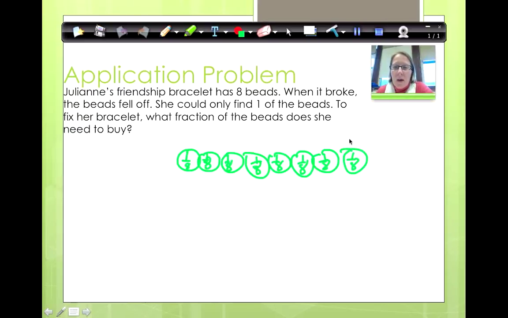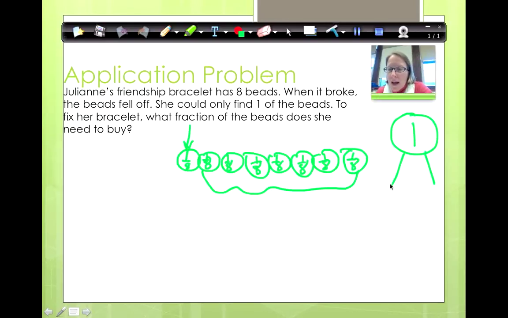Okay, now she said they all broke apart and she could only find one. So I think she can only find this one. What fraction of the beads does she need to buy to fix her bracelet? Well, we need all these, right? If I have a number bond and I have one whole, and I have 1/8 here, what do I need to add in order to get 8 eighths?